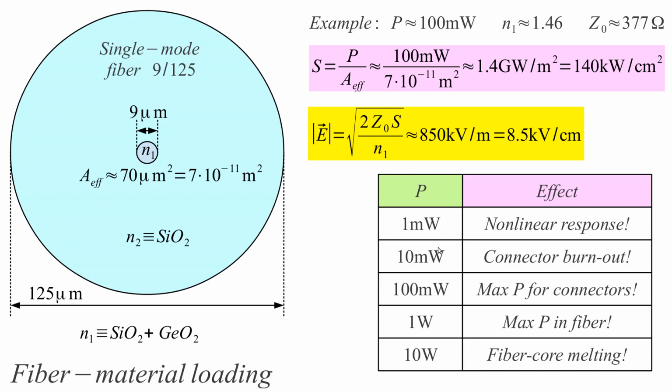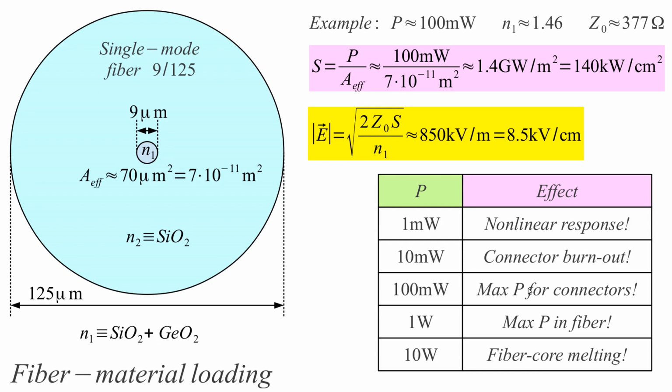At 10 milliwatts, we may already burn our connectors. There's a transition from glass to air and from air to glass. And if some dirt accumulates, that dirt may cause a breakdown of this 8 kilovolts and may burn the connector. A burnt connector cannot be repaired. You can only replace the burnt connectors.